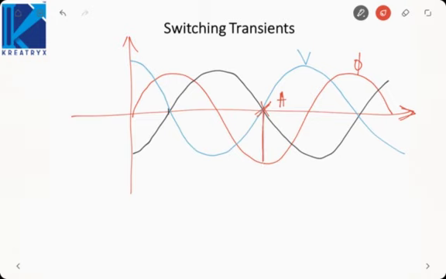Here the flux is minus phi m. This is the flux actually required in the core for induction of voltage according to the applied voltage. Now if you switch on the transformer at A, the transformer requires a flux of minus phi m.